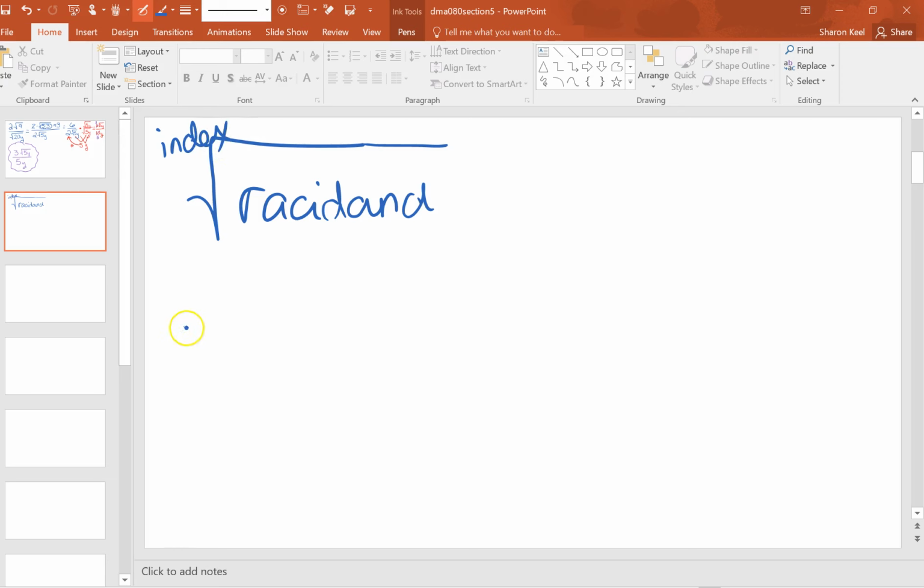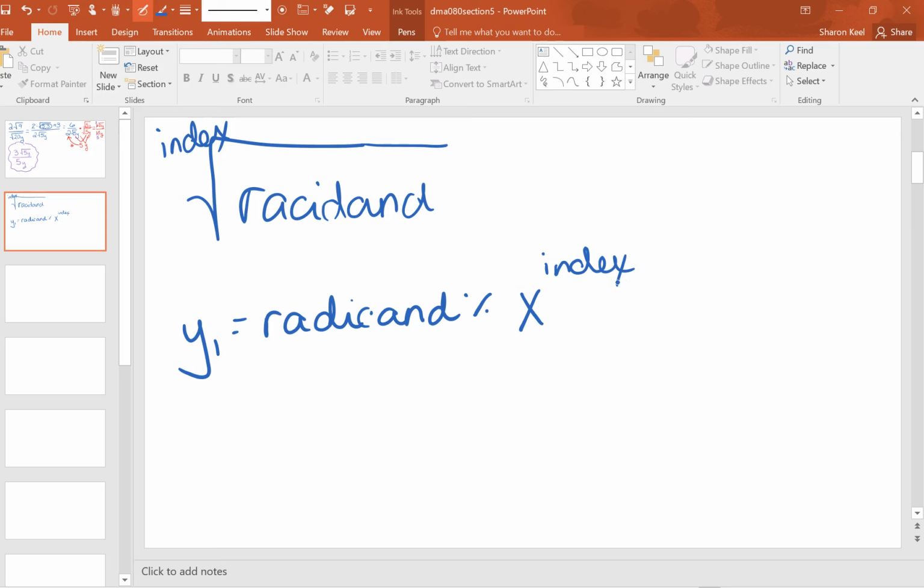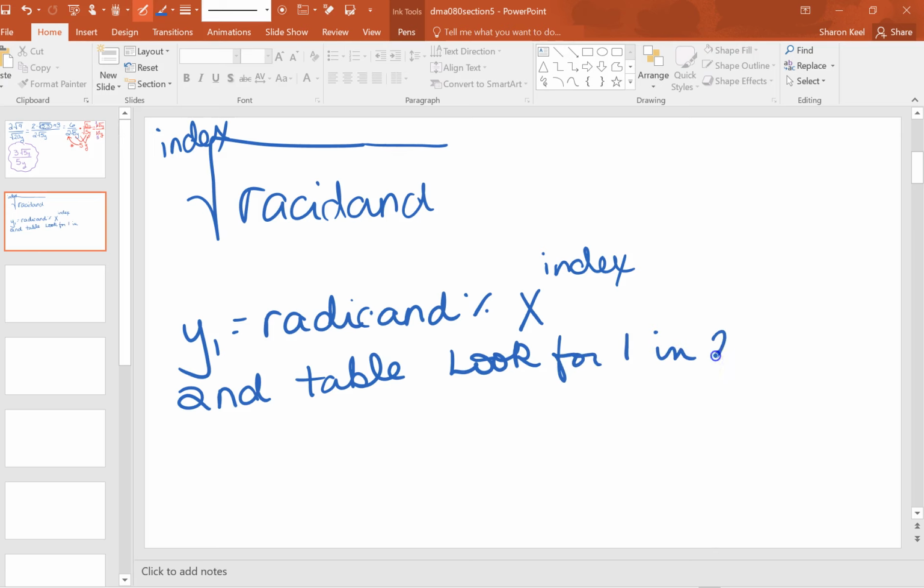What you're going to do is you're going to go to y1 and you're going to type in radicand divided by x, and the exponent you're going to use is the same number of the index. Then you use the button second table and you look for 1 in the second column.